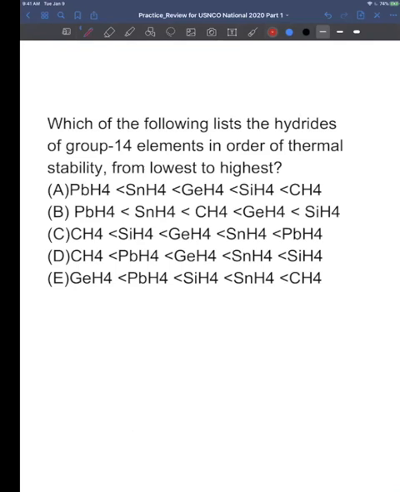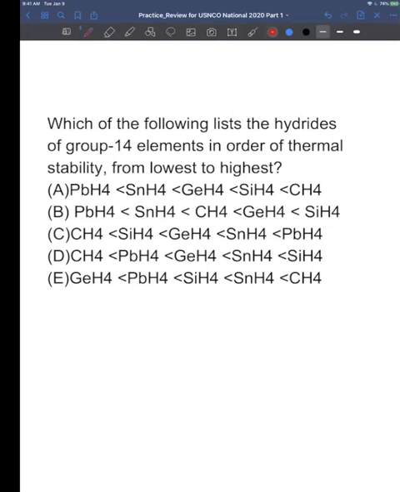Okay. Some of you are still thinking, but I may have to stop here. Yeah, I think most of you choose the correct answer A, because the bond between hydrogen and those 4A group elements is getting weaker down the group, right?